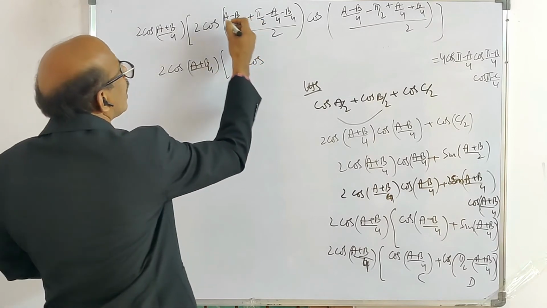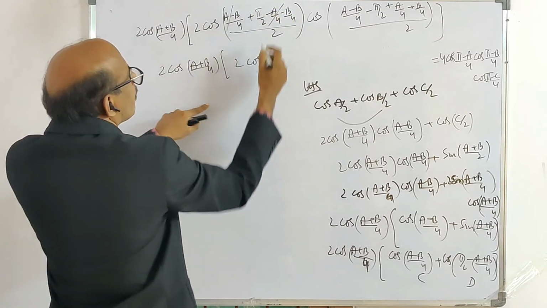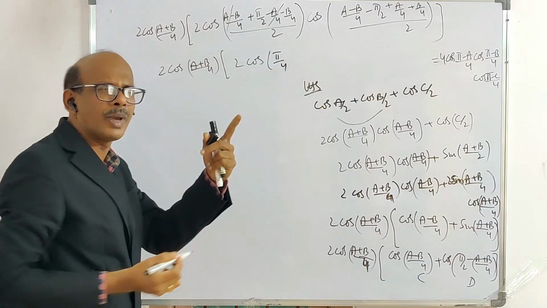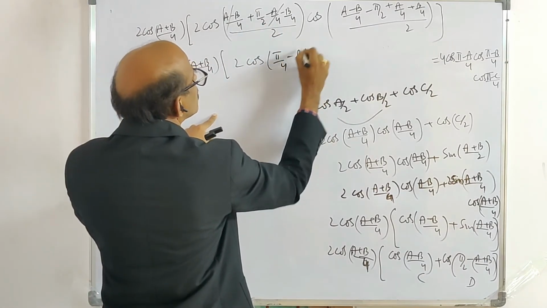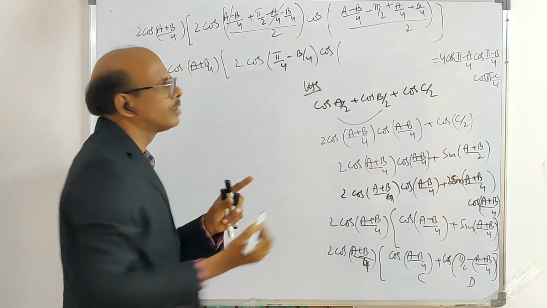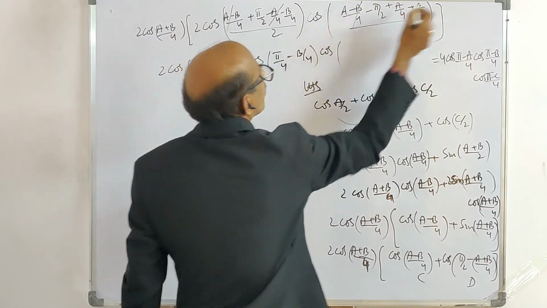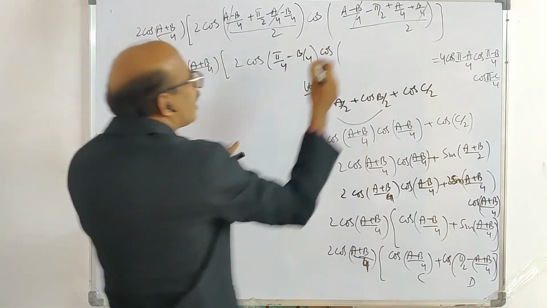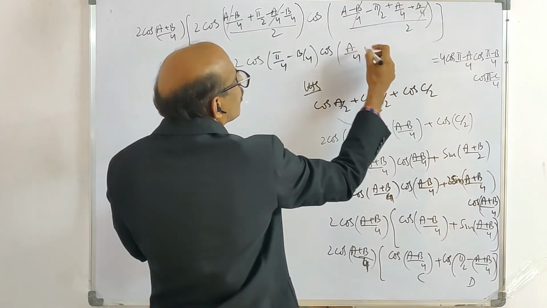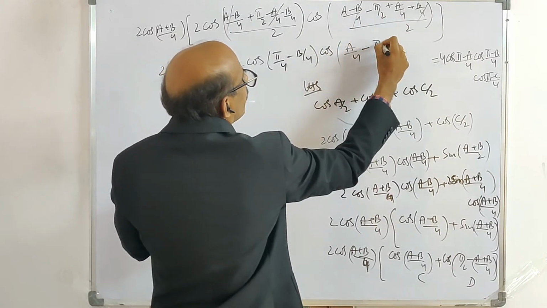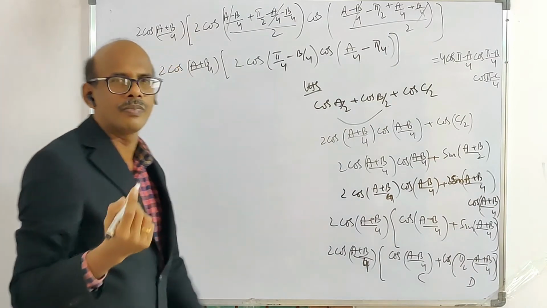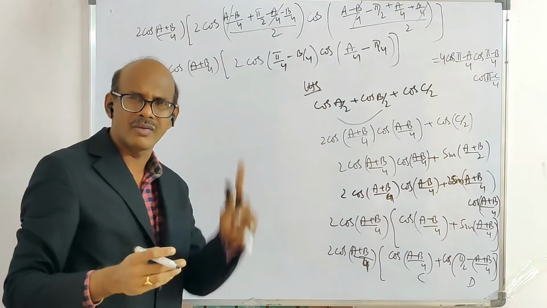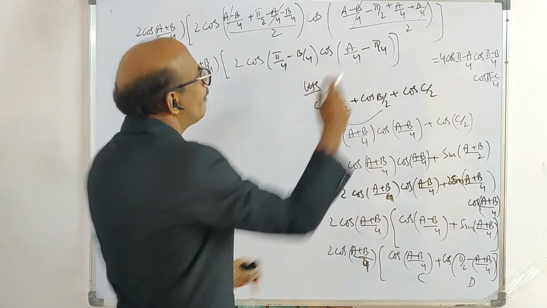If you observe, a/4 and a/4 cancel, and pi/2 over 2 means pi/4, and minus b/4 and minus b/4 will cancel. Here a/4 and a/4 give 2a/4, that is a/2, and by 2 it is a/4 minus pi/4. I think you got this step. Don't get confused.